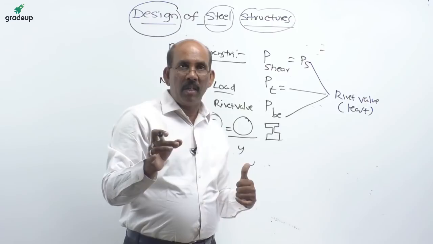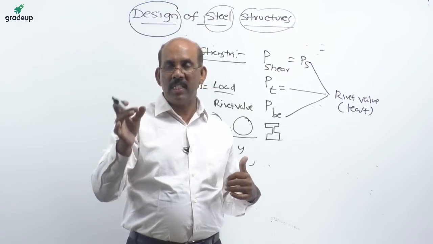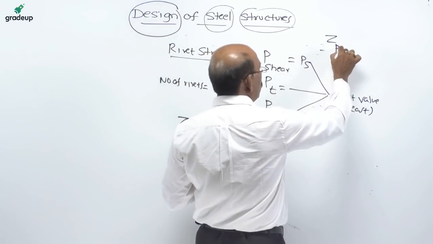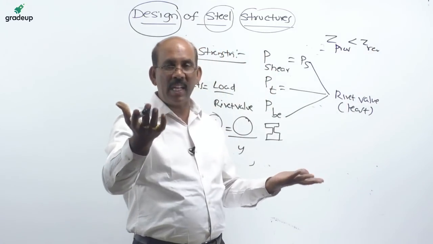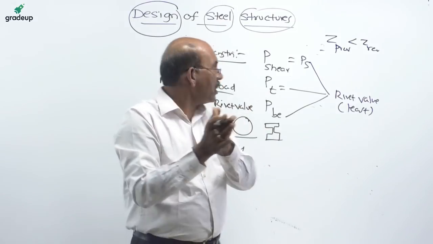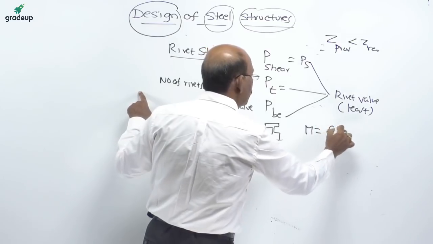Karthik, why do we say Z provided shall be less than the Z required? Z provided less than Z required. As I mentioned, the Z required comes from this particular equation, M is equal to Fz.